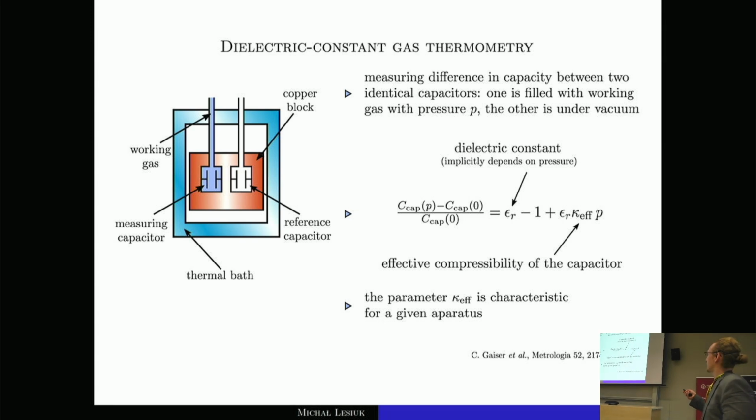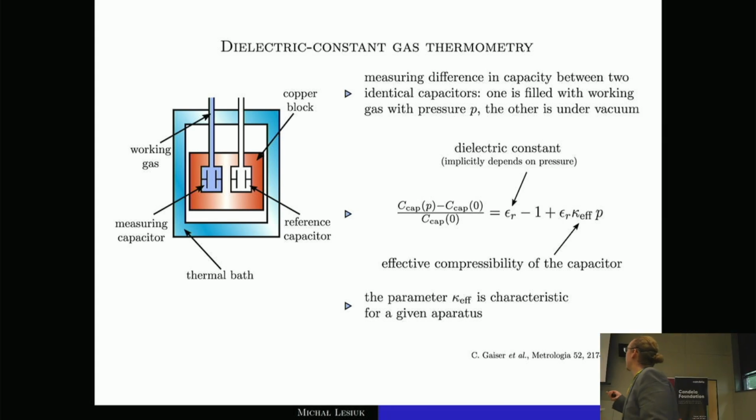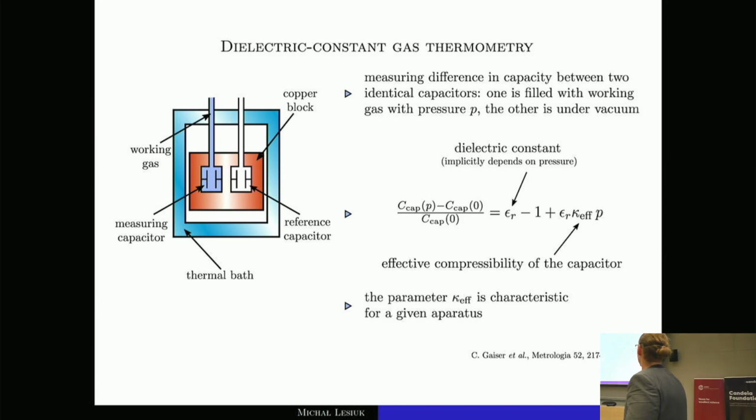So this is the capacity of the capacitor filled with gas, and this is the empty one. You can show from basic electrodynamics that this relative difference in capacity is related to the dielectric constant of the gas, which is this epsilon r.